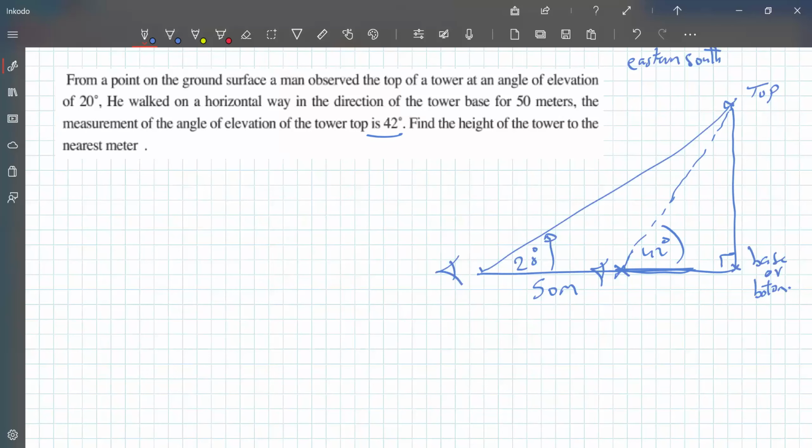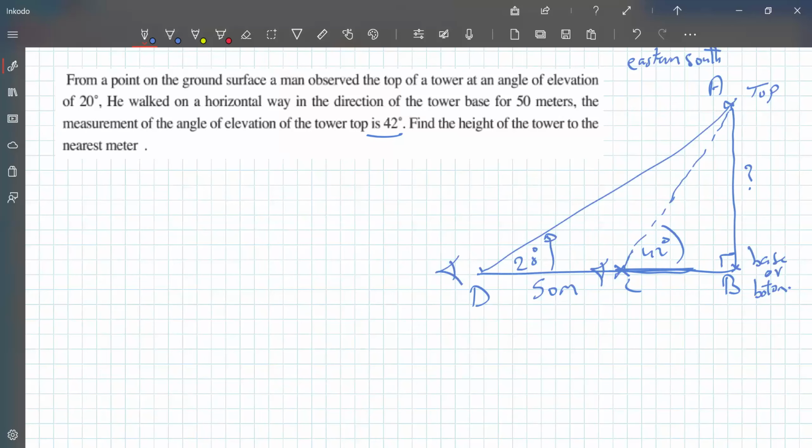Find the height of the tower to the nearest meter. So we want to find the length of the height of the tower. At first, denote the points by the letters A, B, C, D. Okay. And you must choose the right triangle. In the right triangle, at least one side length must be known.